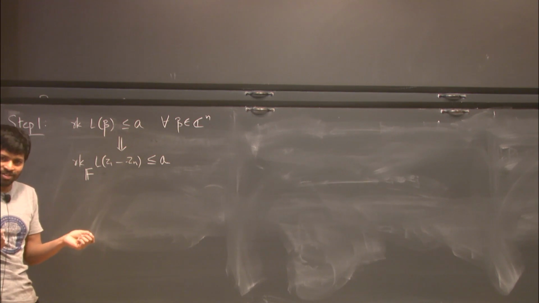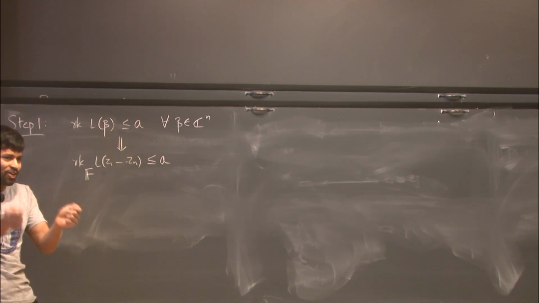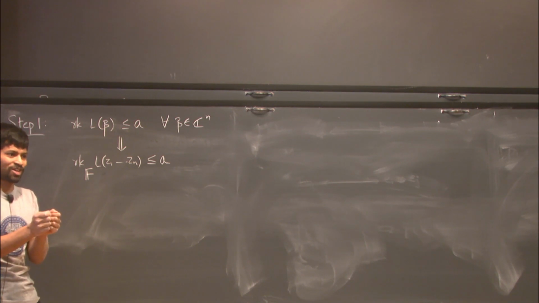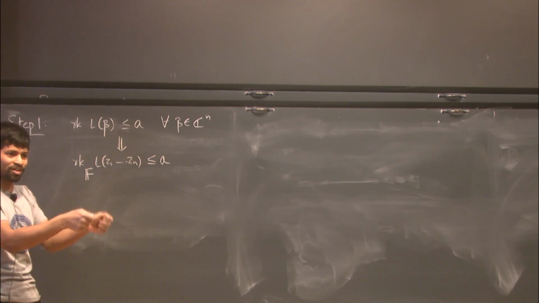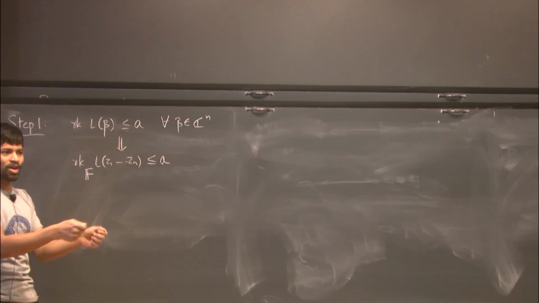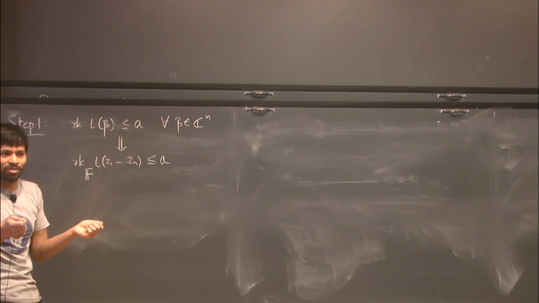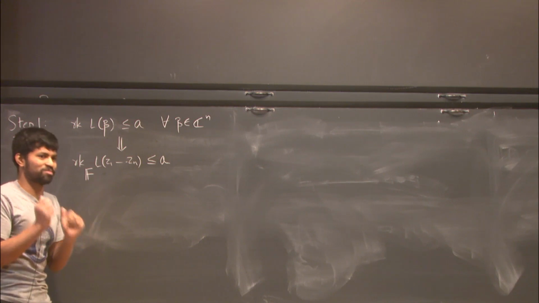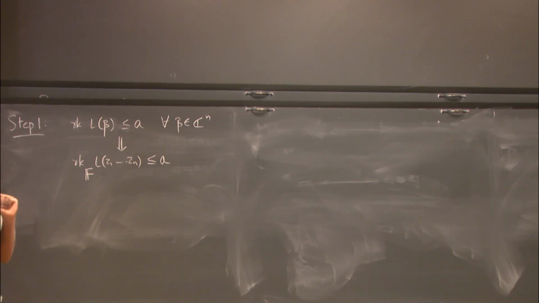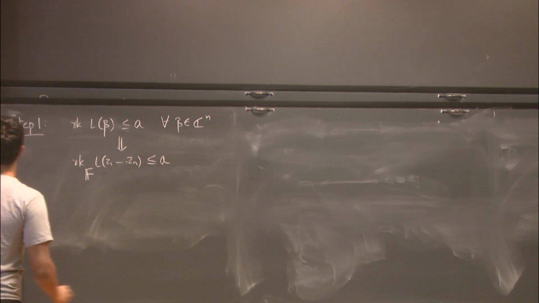You give me any non-zero polynomial, you can always plug in some complex numbers to get something non-zero. Plug in those numbers, and the matrix when you plugged in beta would have this a plus 1 by a plus 1 minor non-zero. Make sense? It's also kind of the same argument I gave last time for linear subspaces and linear matrices. Okay, so that's step 1.